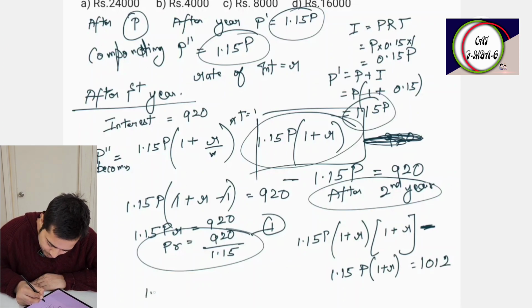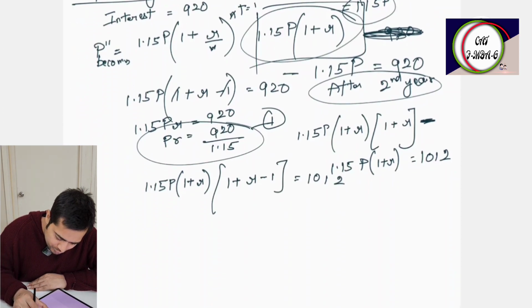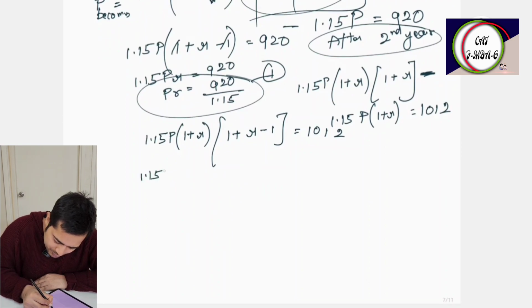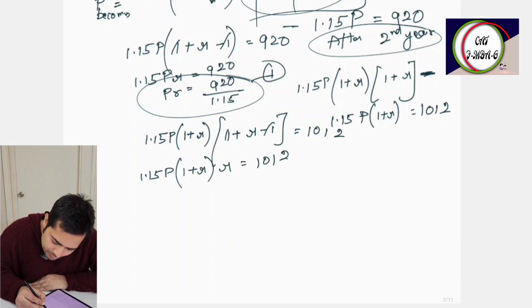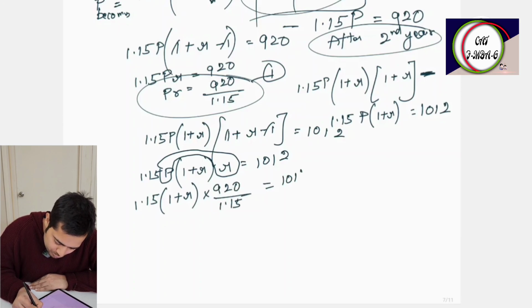Or you can write it as 1.15P into 1 plus R into R is equal to 1012, and we have found the value of P into R. So 1.15 into 1 plus R into 920 by 1.15 is equal to 1012.